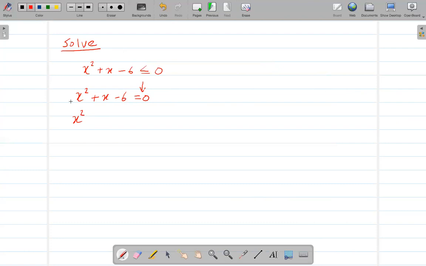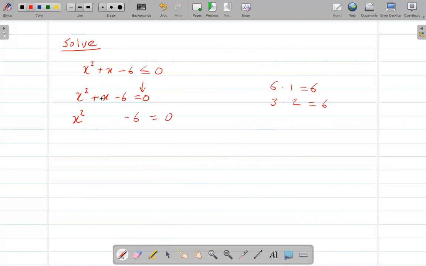So a times c is 6 times 1, which is 6. 3 times 2 is 6. So it looks like I can use 3 and 2 for this middle part, because we have just x first and the last term is going to stay the same.